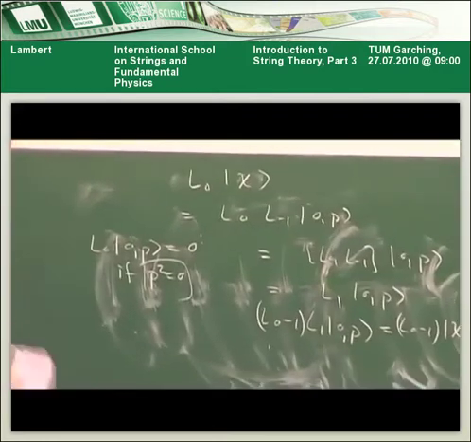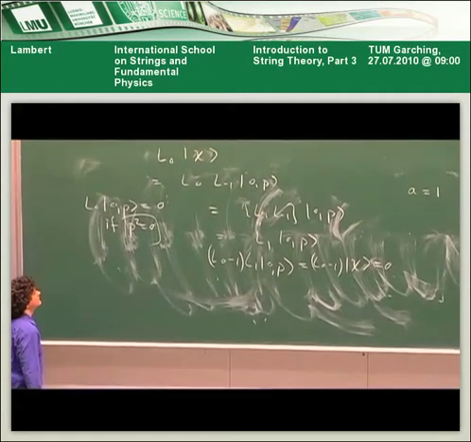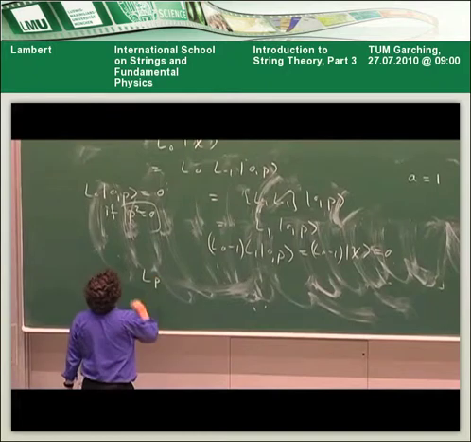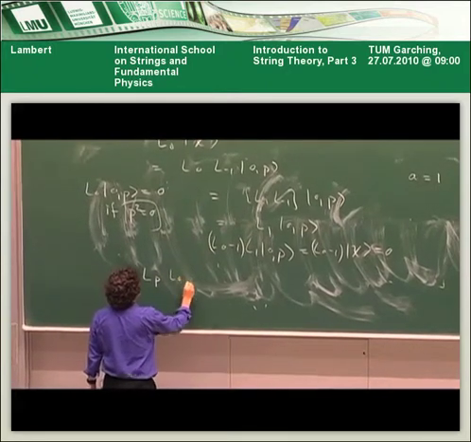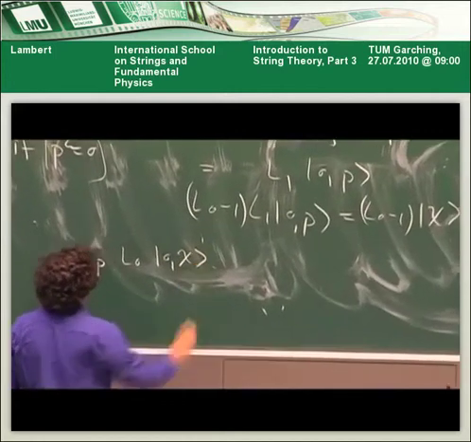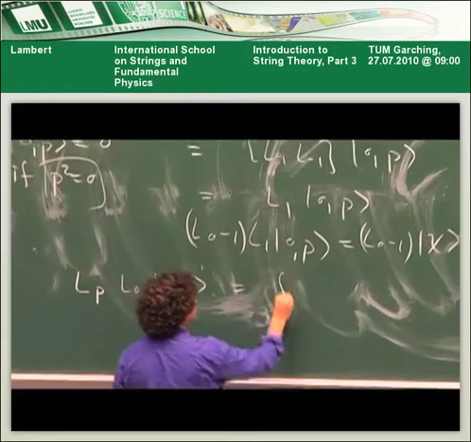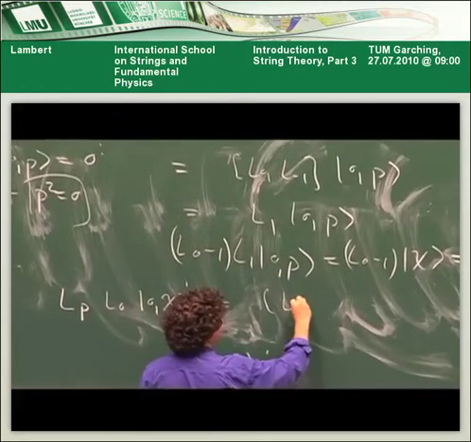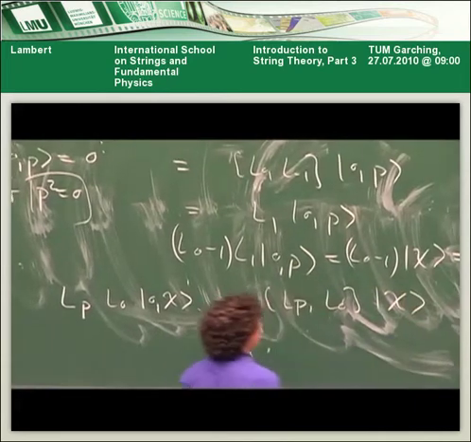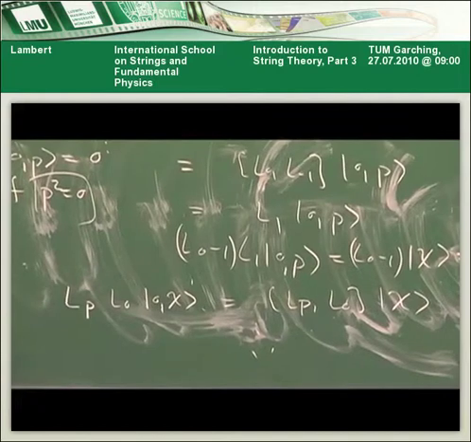All right, I'm not done yet though. I have to evaluate the higher L's, LP on L naught 0 chi. Well, that's slightly easier because, of course, it's obvious that I can replace this by the commutator, because I'm only interested in p greater than or equal to 1.